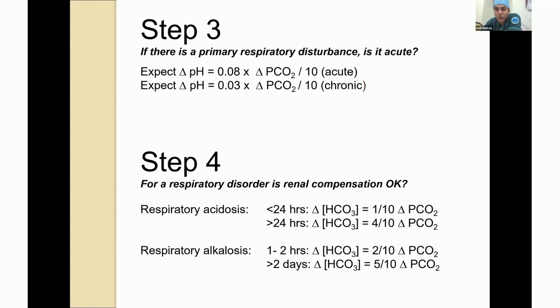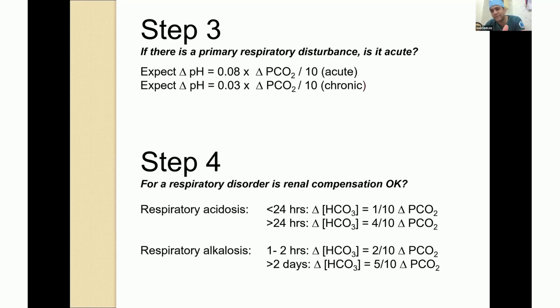For respiratory alkalosis, within 1 to 2 hours, for a delta PCO2 change of 10, the bicarbonate will change by 2. And for chronic respiratory alkalosis, again for 10, the bicarbonate will change by 5. So this is slightly confusing.